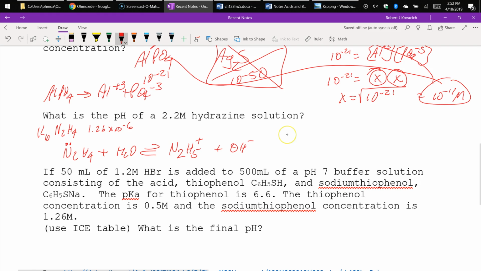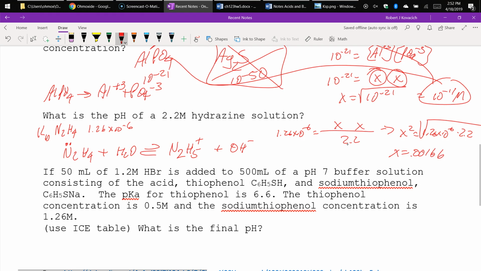So we do the same kind of thing, and we've got 1.26 times 10 to the negative 6 equals, and then this is 2.2, and that's x and x. So we end up with x squared is equal to 1.26 times 10 to the negative 6 times 2.2, and the square root of that. Square root of 2.2 times 1.26 e negative 6, close parentheses, equals, and I have an x equal to 0.00166.